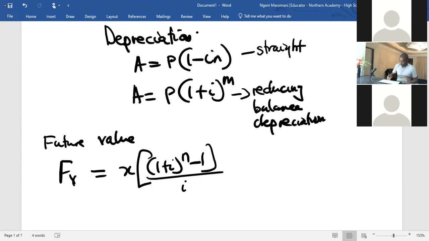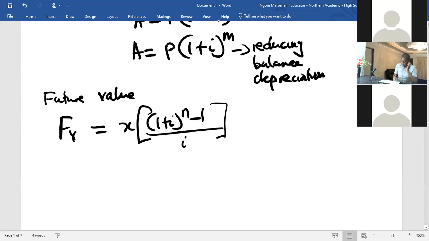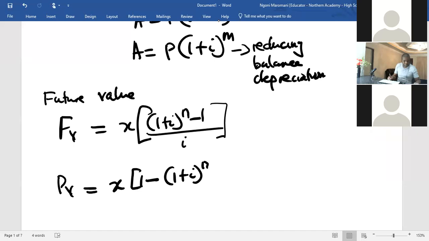This is what we call the future value formula. Then we also have the present value formula, which is given by x into 1 minus 1 plus i to the power of minus n, all over i. This one we call the present value formula.